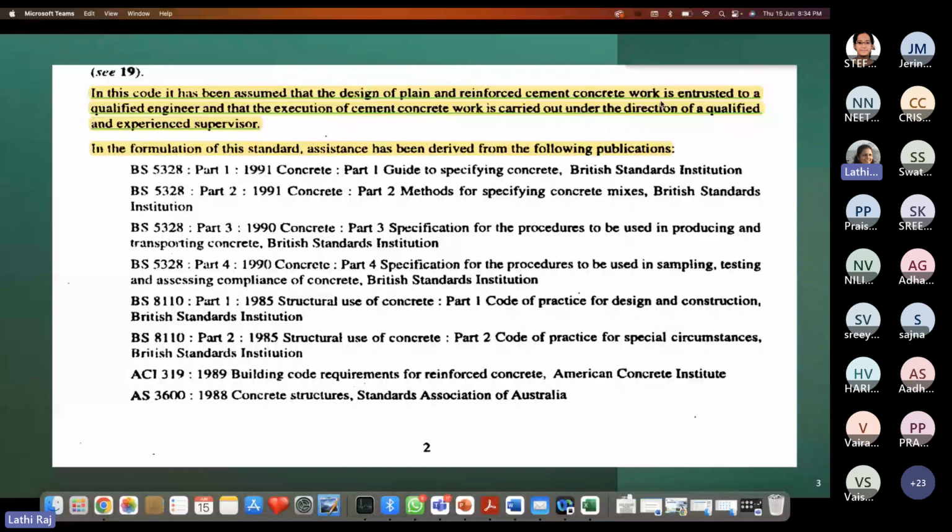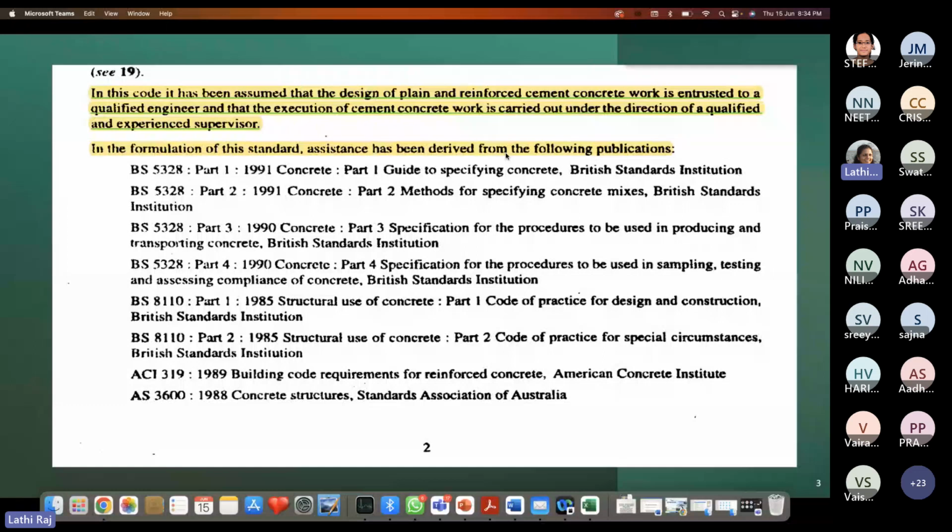You know that very well. And the execution of the cement concrete work is carried out under the direction of a qualified and experienced supervisor. That is also very important. They assume this is what is happening, and based on that only, they are formulating this code.